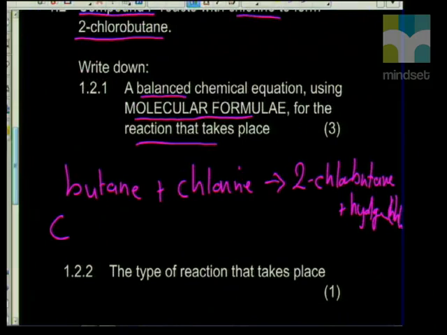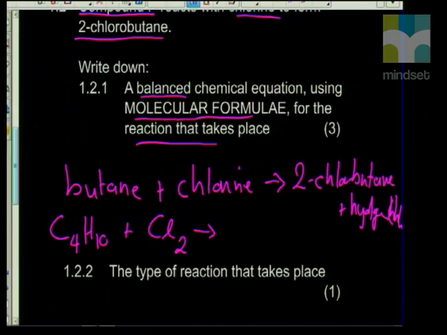Let's put down the formula. C4H10 plus Cl2. Remember, chlorine is diatomic, so we can't just have Cl on its own. It's a chlorine gas. We're going to bubble these two gases together.